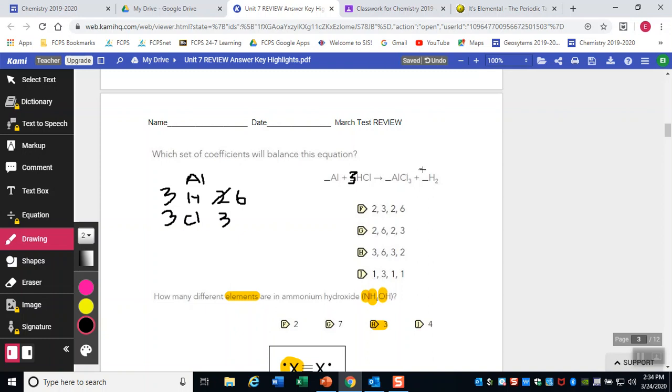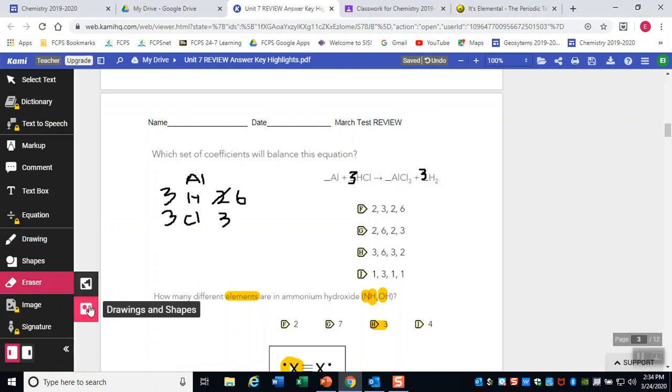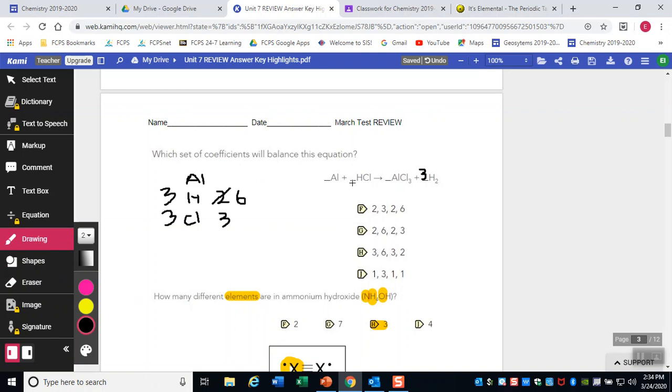So I'll put a 3 in front here. 3 times 2 gives me 6 hydrogens over here in my products. And now I want 6 over here. So I'm going to erase this 3, and I'm going to make that be a 6. So I have 6 hydrogens.